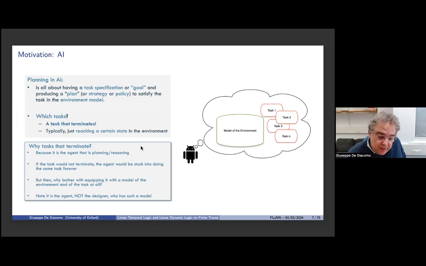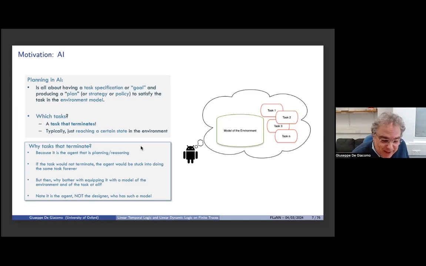The point is that we are in a sort of cycle in which we get the goal, we think about how to solve it, we execute the plan, and then we get another goal. So we are in a loop in which we continuously get goals and continuously generate plans to solve these goals. But for this loop to make sense, it is crucial that you don't spend all your life executing the plan.